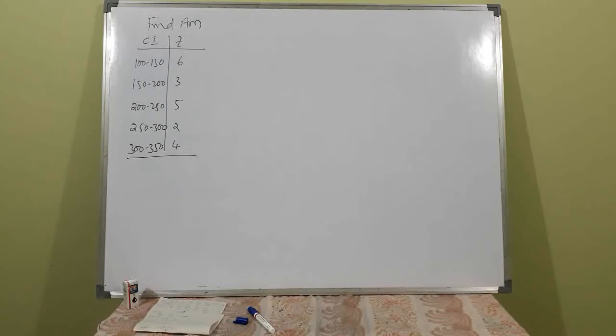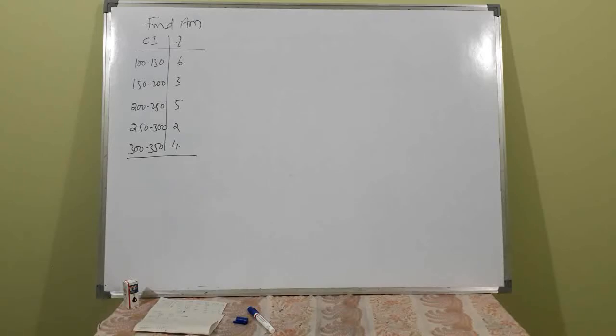There I will consider or explain that again. Okay. First you try to understand how to find arithmetic mean by 3 methods: direct, shortcut and step deviation method.